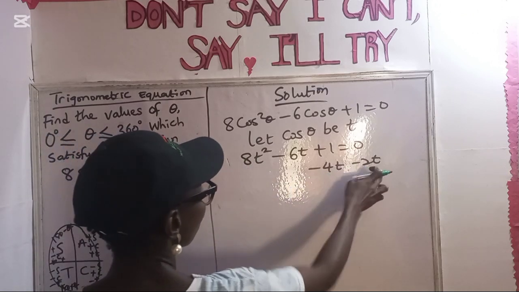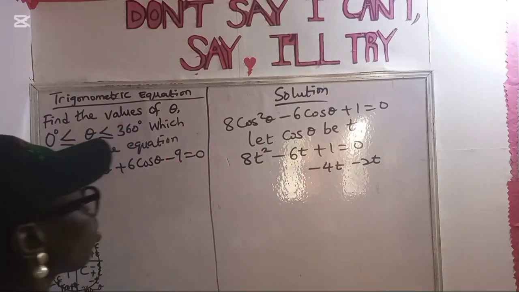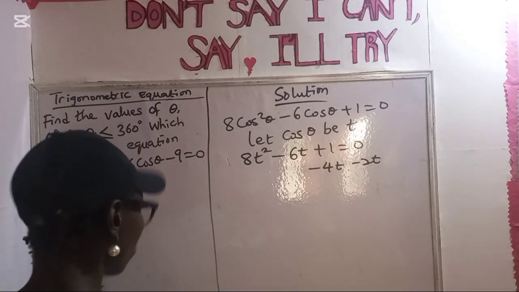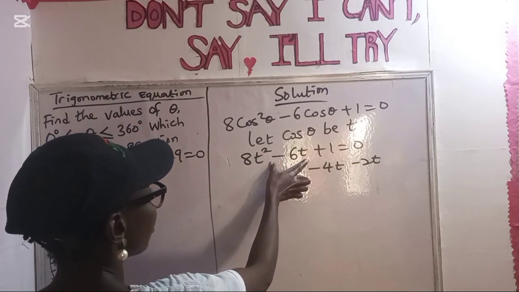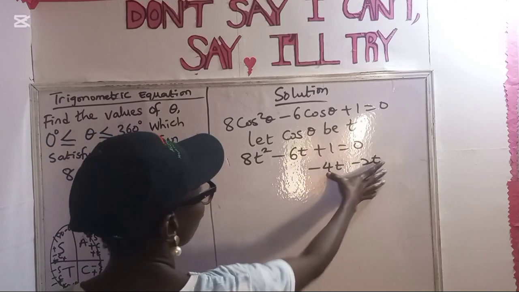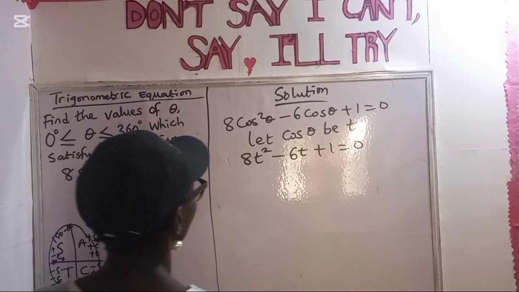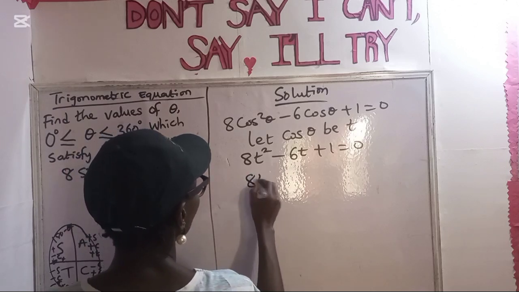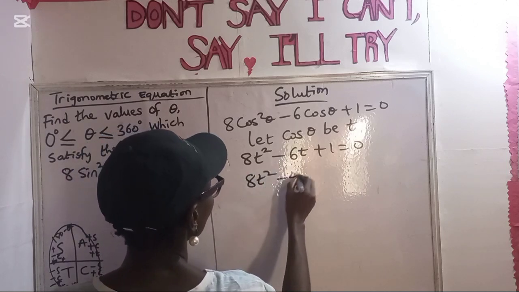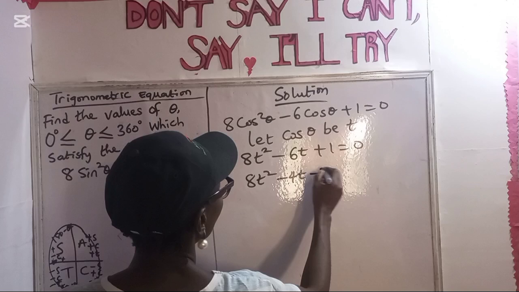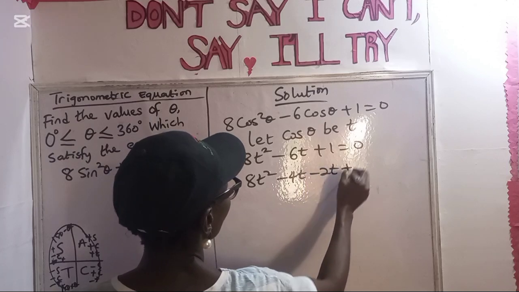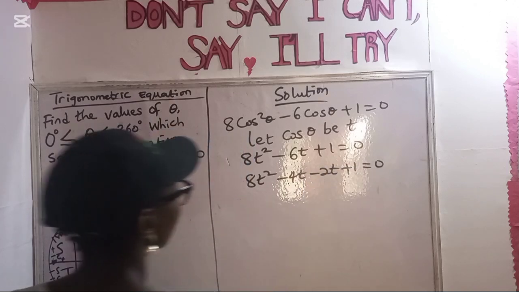Minus 4t minus 2t will give us minus 6t. So in the place of this minus 6t, this is what we are putting there. We are writing 8t square minus 4t minus 2t plus 1 equal to 0.